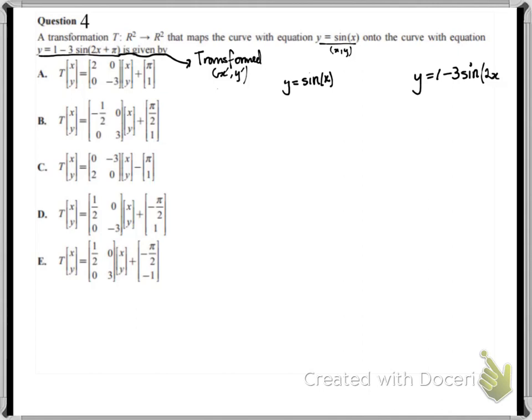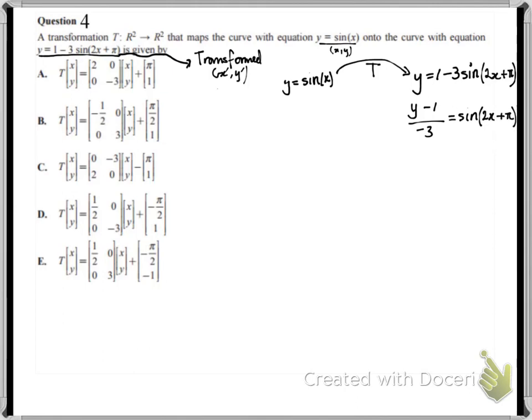So putting them side by side, we have a transformation T that takes the sine x into this transformed function. So what we're going to do is work backwards. We're going to break down our transformed equation, this one, and rearrange it to identify clearly what are all the operations happening on the y coordinate, and then identify what are the operations happening on the x coordinate.